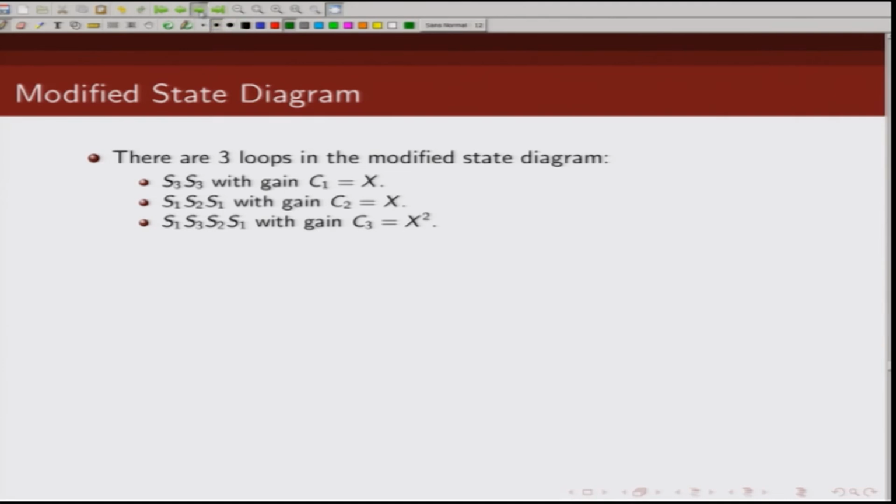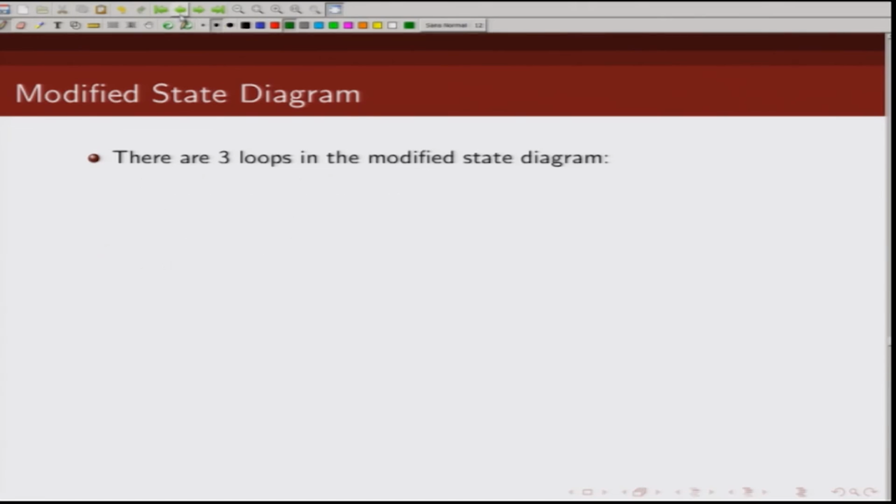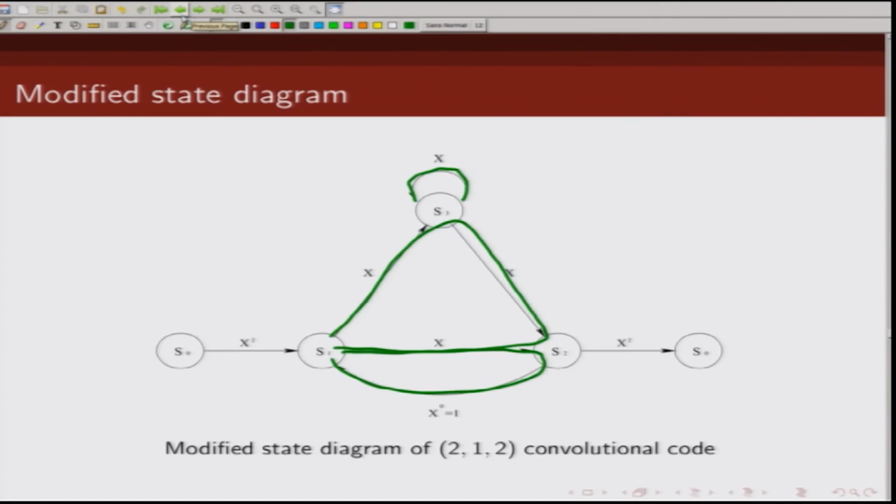Next, what are the pairs of non-touching loops? Only C1 and C2 are non-touching loops. Going back to this example, this loop and this loop are non-touching. Why? This loop contains S3 and this loop contains S1 and S2, so they do not have any state common between them.